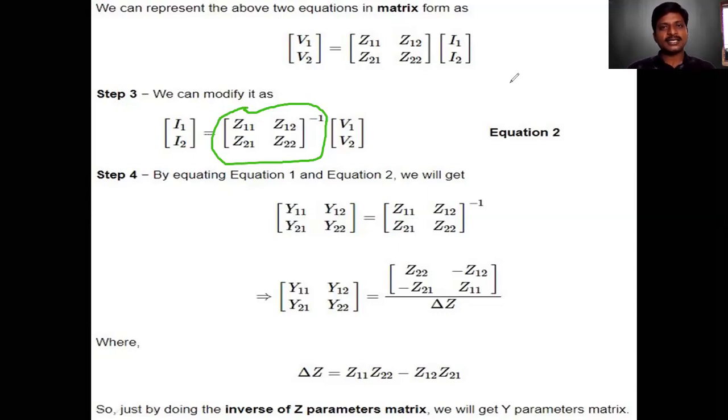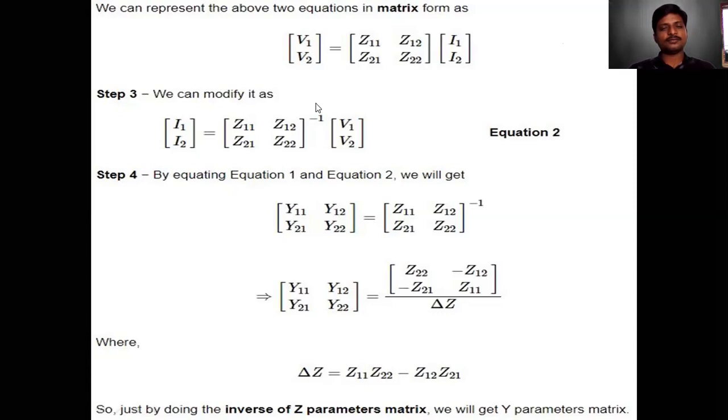Also, you can calculate directly using the normal method, that is short circuiting the output port, you will find Y11 and Y21, and short circuiting the input port you will find Y22 and Y12. So that is how you can find these Y parameters when the network is given. So this is how you can find Z parameters or Y parameters.